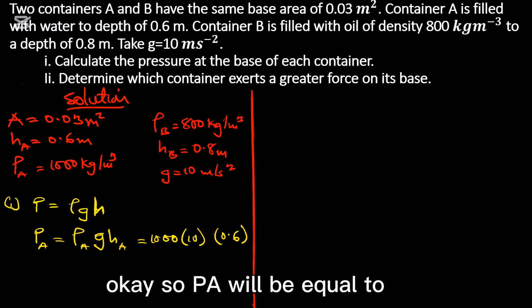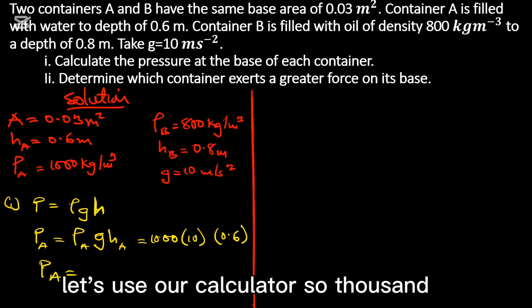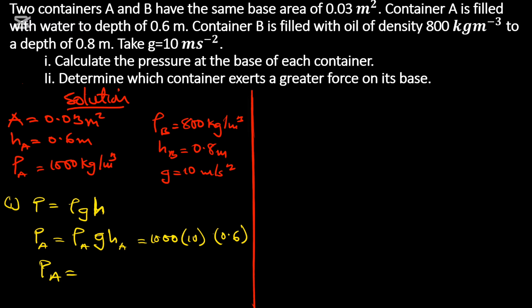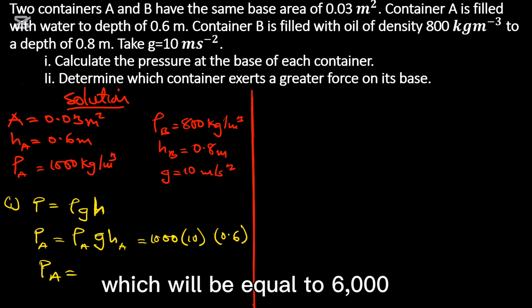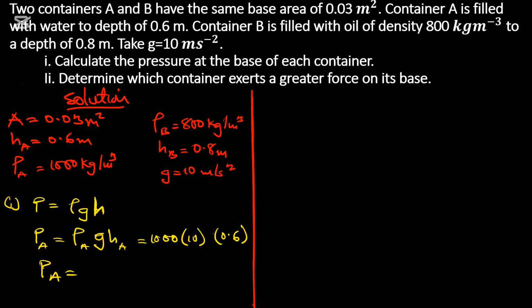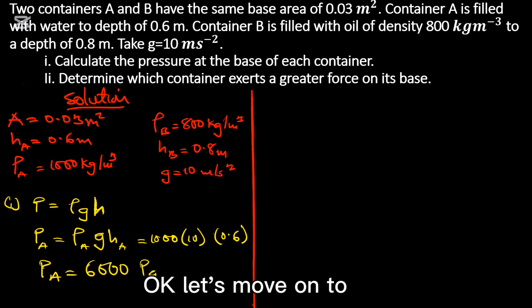So PA will be equal to, let's use our calculator, 1000 times 10 times 0.6, which will be 6000. We'll have 6000 Pascal.